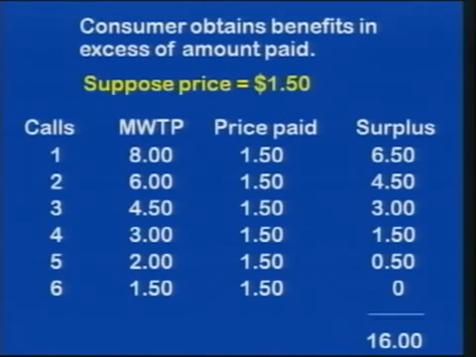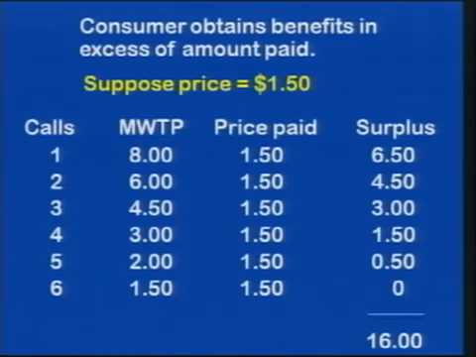This is the amount of other goods and services that they would willingly give up to make an extra phone call, but they only have to give up this amount. So this is, in a sense, the excess value that they get from making the call. They get more value from that call, in terms of goods and services they'd be willing to give up if they had to, than they have to. So they're getting this benefit. This is a benefit or surplus, as we call it.